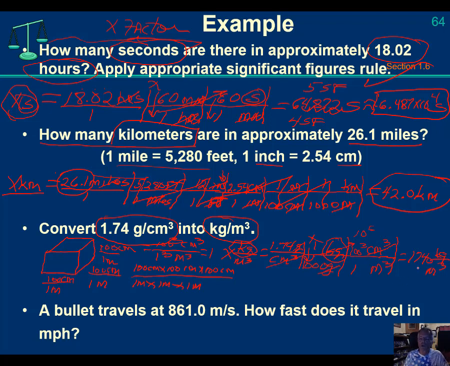If I want to write that keeping my 3 significant figures, I would write it as 1.74 times 10 to the third kilograms per cubic meter. And that would be the most acceptable answer. But this was a straight conversion.